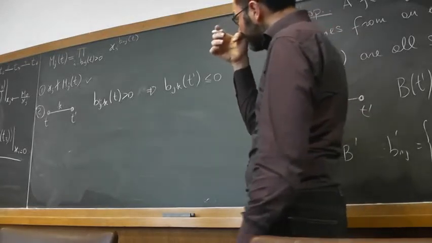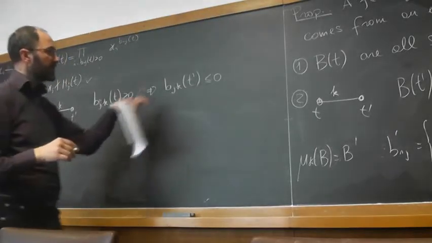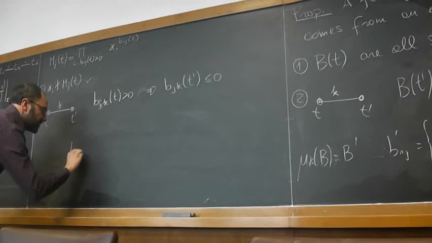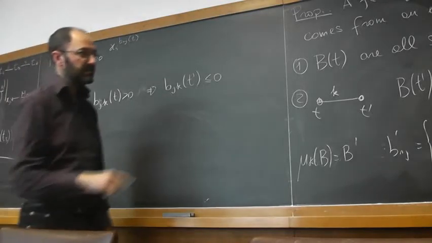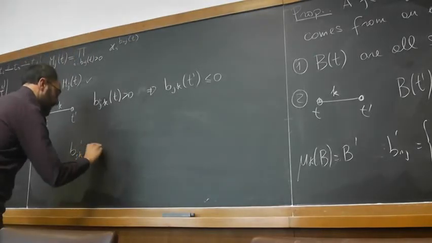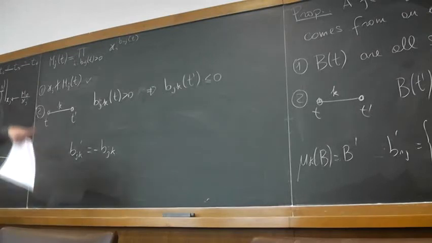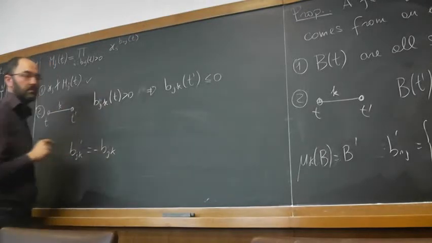Okay. So let's see: b_jk prime by definition is minus b_jk, the definition of mutation when one of the two indices is k. So of course if this is positive, I'm confused.